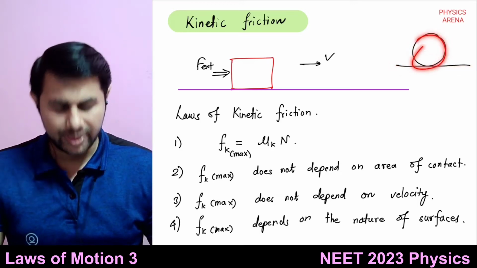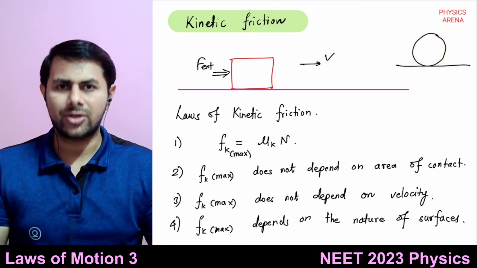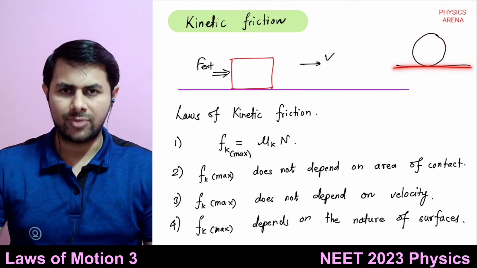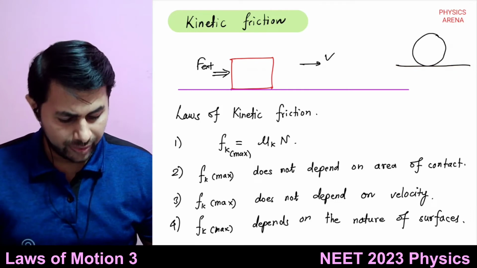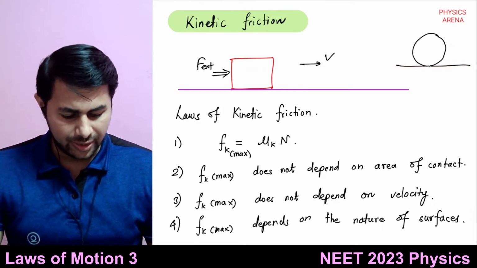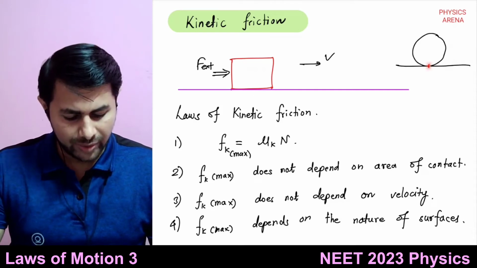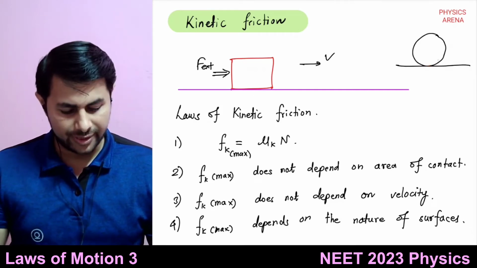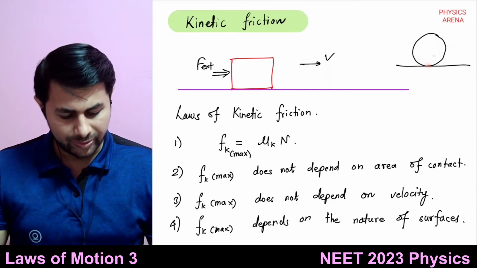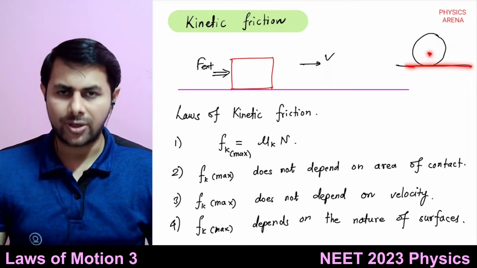Circular or spherical objects roll on the floor or the road. In this case there is no area of contact, there is only one point of contact ideally between this body and this body.